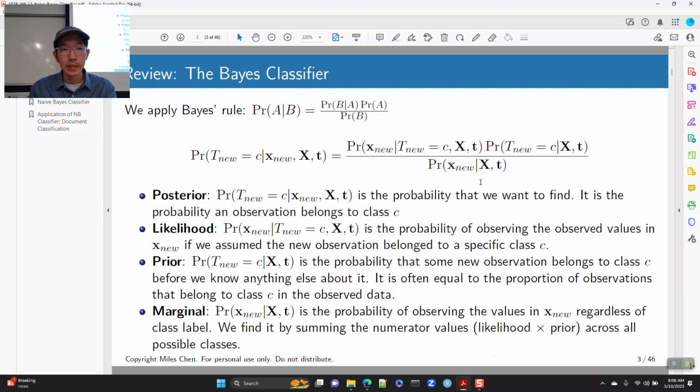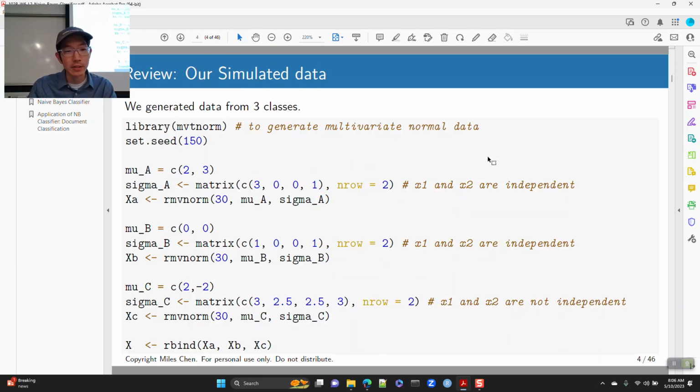The marginal probability exists just so that the probabilities add up to 1 across all the different classes.